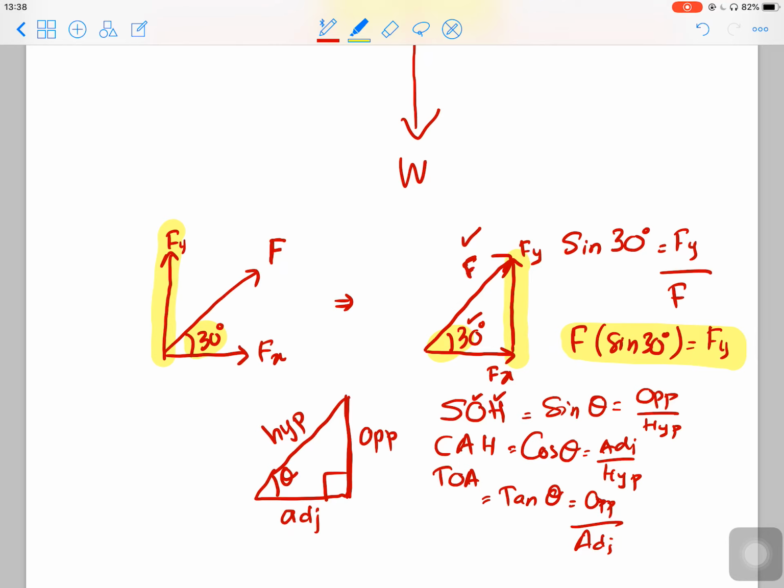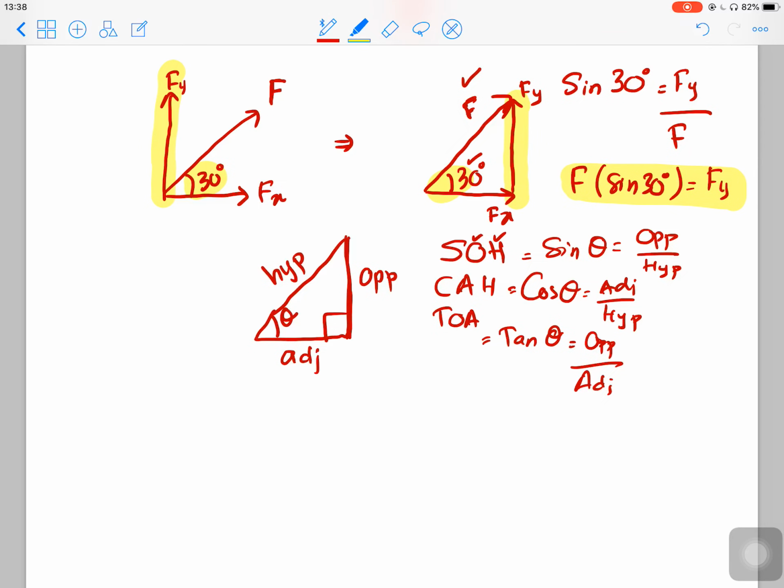We can also find the value for the Fx. Fx over here would be the adjacent. So for the adjacent and the hypotenuse, you can use cos theta. I'm just going to do it at the bottom here.